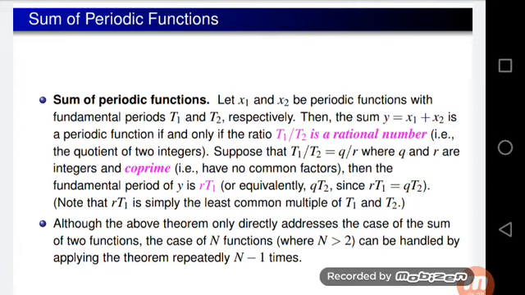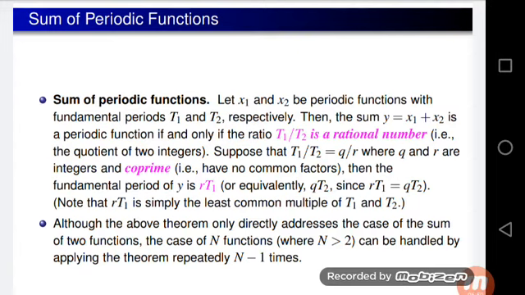Suppose that t1 by t2 equal to q by r, where q and r are integers and coprime, meaning they have no common factors. Then the fundamental period of y is r t1.